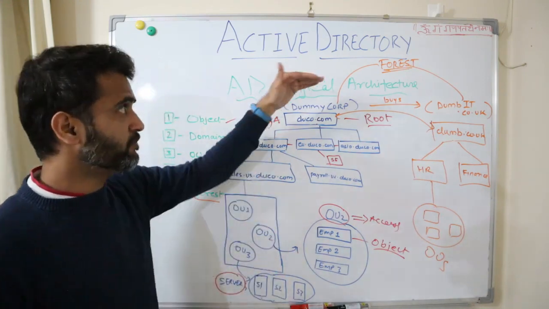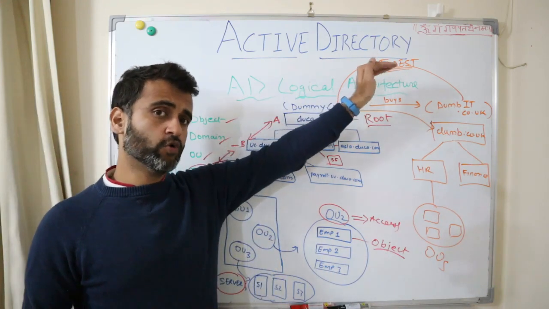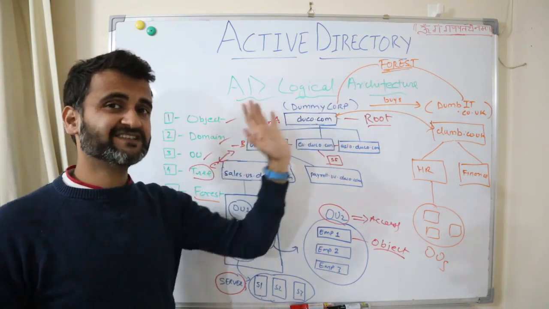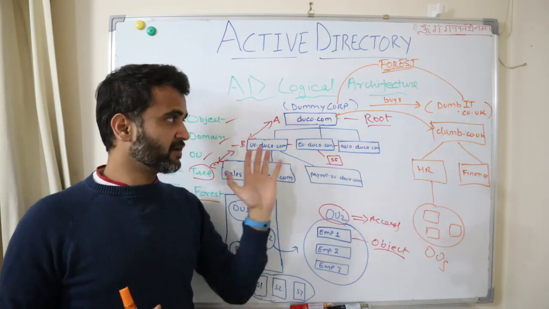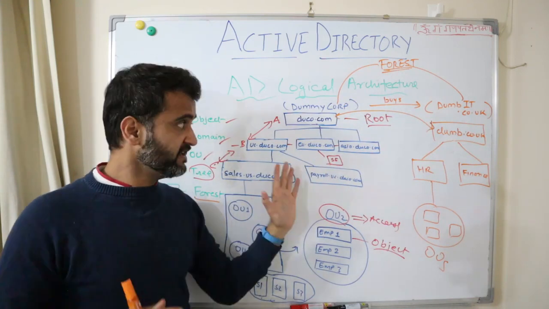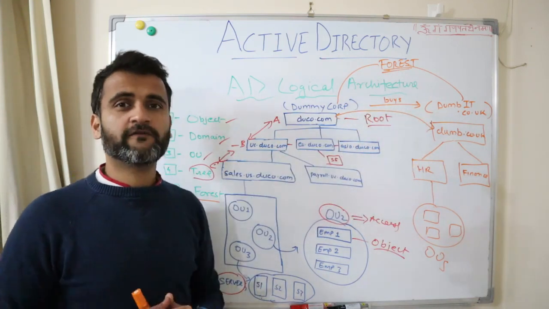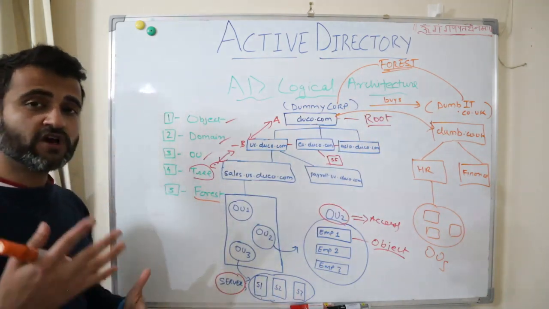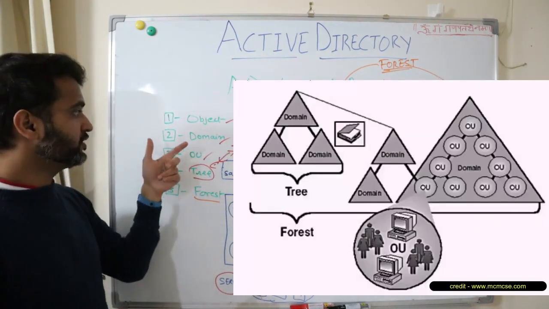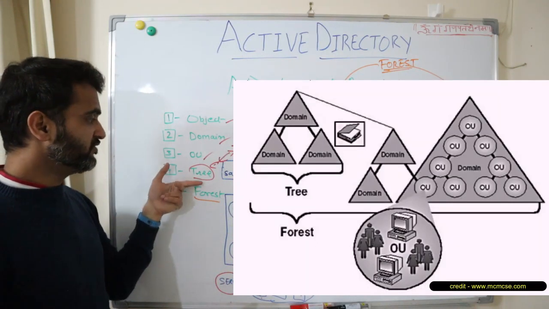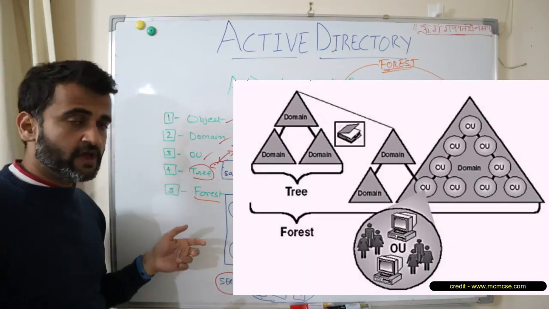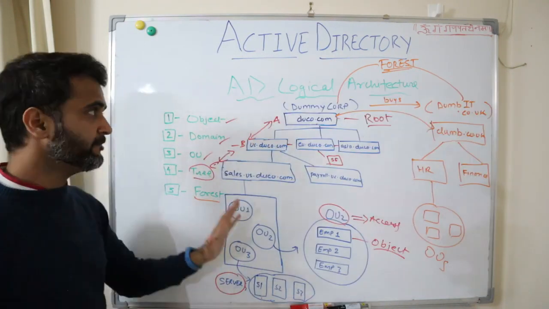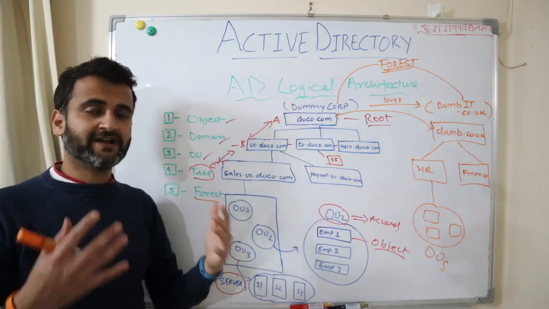So based on that, you can put things at the forest level, global catalog level, and then it could be accessible across all the different trees within one particular forest. So those are 5 components: object, domain, organization unit, tree, and forest. And this is how we define our whole logical architecture.